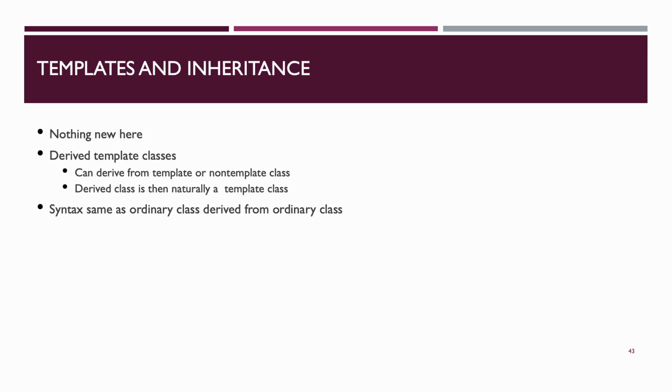So for templates and inheritance, there's nothing new here. We have derived template classes. It can derive from a template or non-template class. Then the derived class is naturally a template class. The syntax is the same as an ordinary class derived from an ordinary class. So inheritance is nothing new with templates.